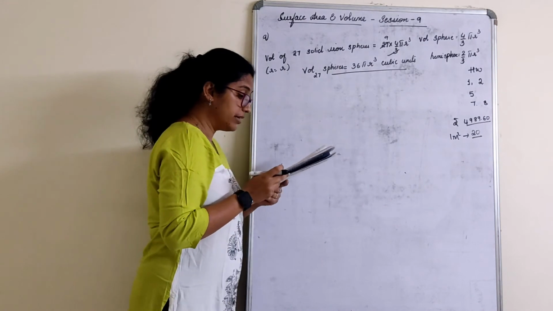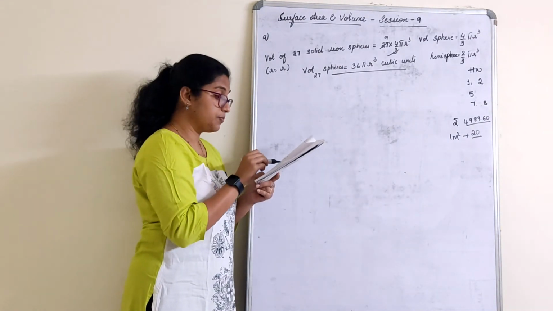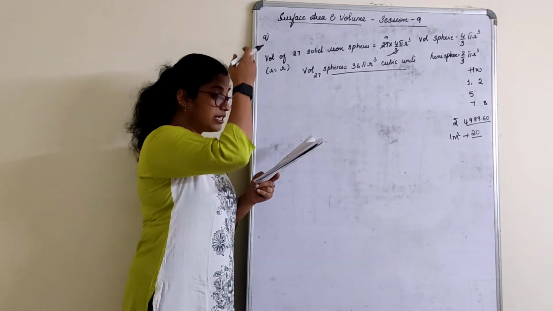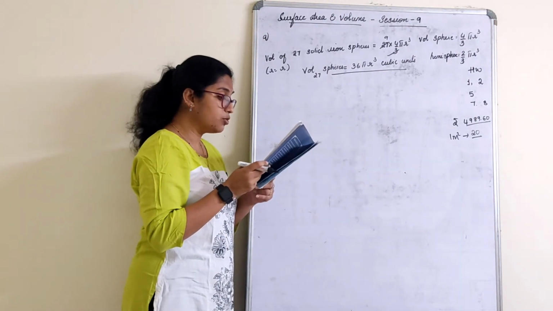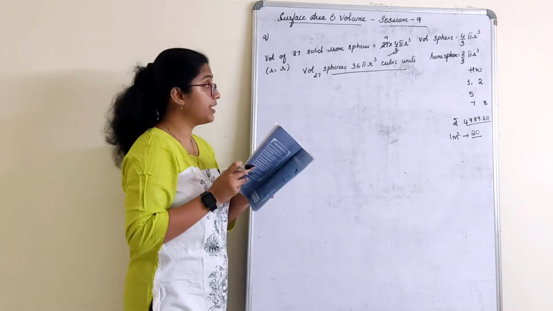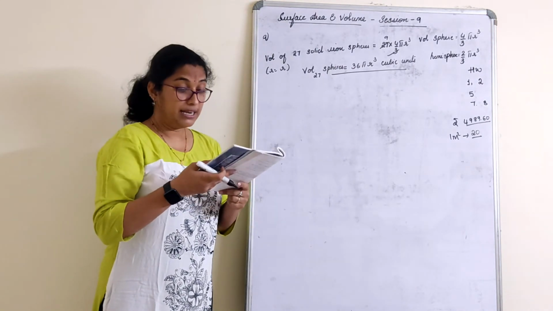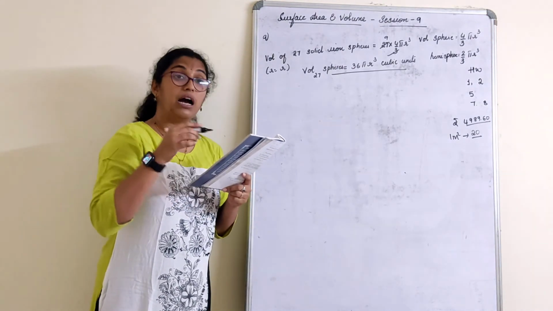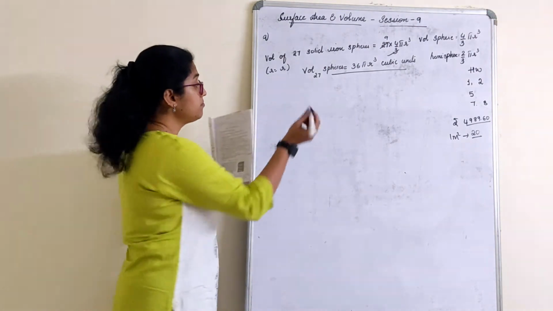Next, let us see what they have asked. Now, what they have done is melted these 27 solid iron spheres, each of radius r and surface area s, to form a sphere with a new surface area s dash. After melting, one big sphere is formed.